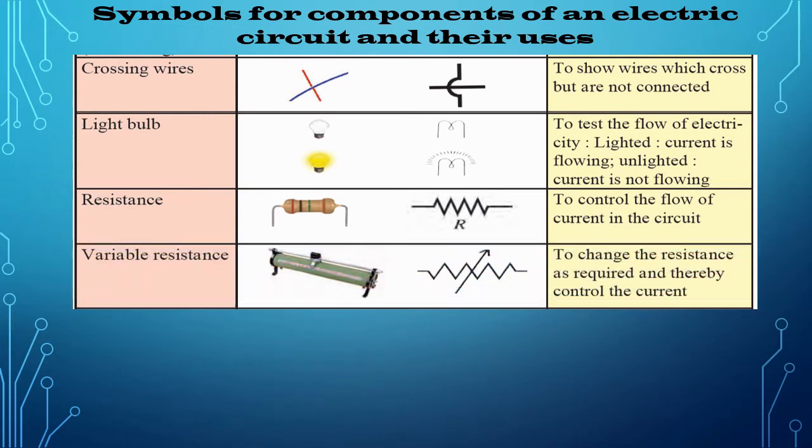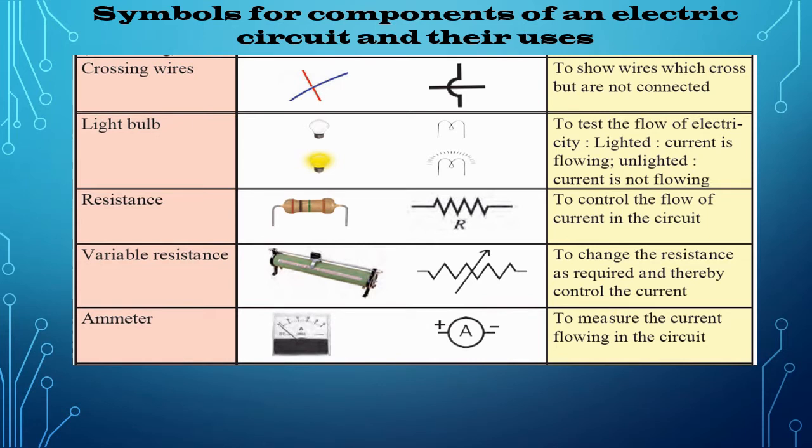Symbol of variable resistance is represented by drawing a slanting arrow head on the symbol of resistance. Variable resistance is used to change the resistance as required and thereby control the current.